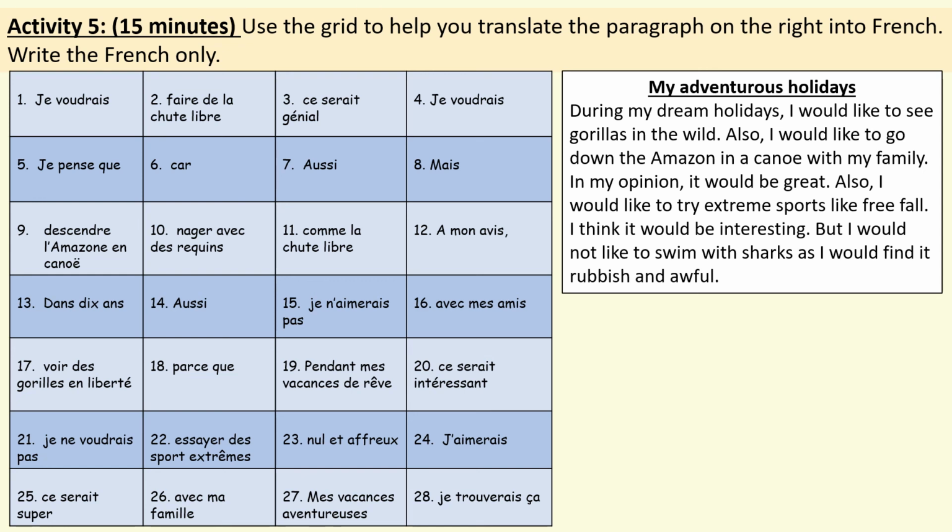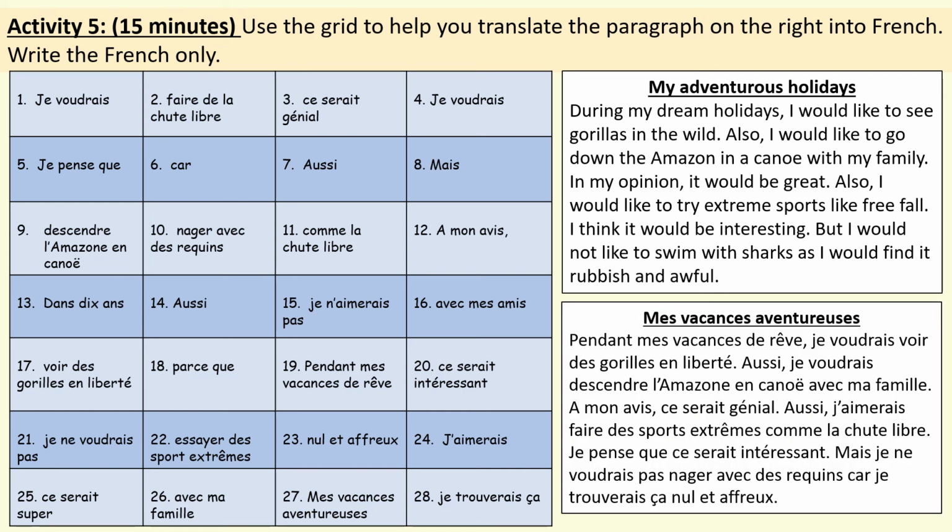Now careful, you do not need all those phrases. Press pause and then press play when you're ready to continue. Here is the correction to your work. Double check that you haven't made any mistakes or fill in the gaps where you found it hard.